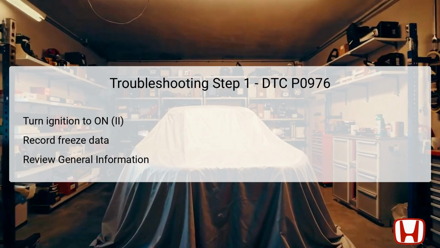This allows technicians to capture a moment of the vehicle's operational parameters at the time the DTC was triggered, providing valuable context for the diagnosis. Following this, one should also review the general troubleshooting information available for the system. This practice establishes a foundation for understanding potential issues affecting the electrical circuitry, ensuring a thorough approach throughout the diagnostic process.